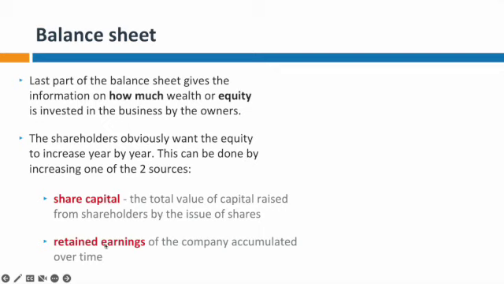The retained earnings of the company accumulated over time is also part of equity. Basically the retained earnings is all the retained profit that every year we reinvest back into the company. By reinvesting it back into the company, we're not paying it out to shareholders as dividends. We are increasing the wealth of the business.